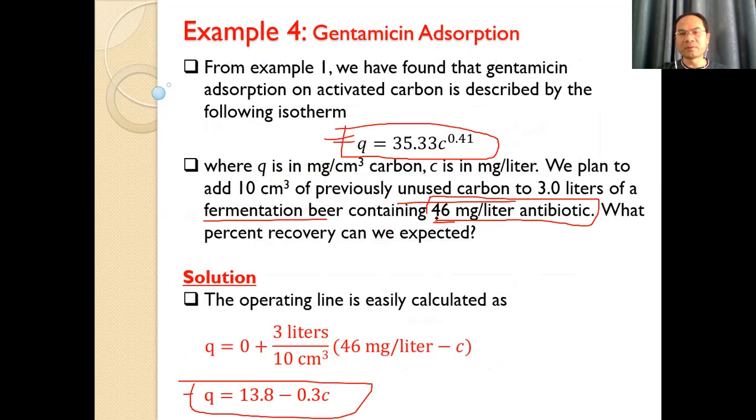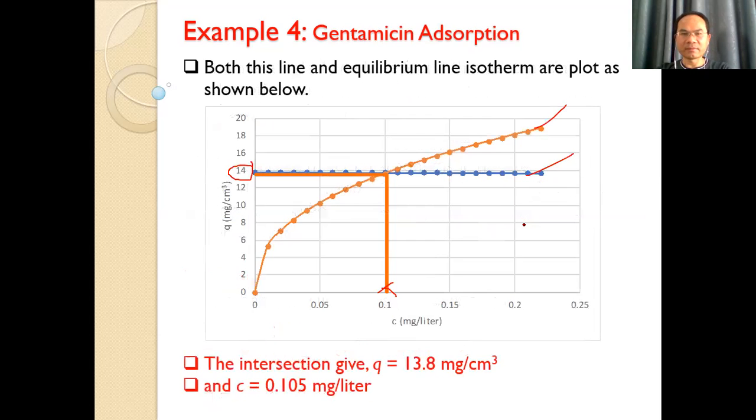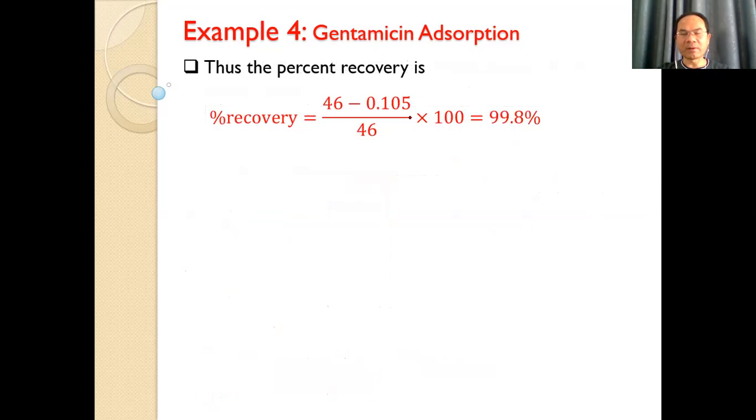Initially we have 46, but finally we have 0.105. 0.105 is the amount of solute that remains in the solution, and 46 is the amount of solute initially in the solution. So (46 minus 0.105) divided by 46 is the fraction recovered. We get 99.8% recovery.